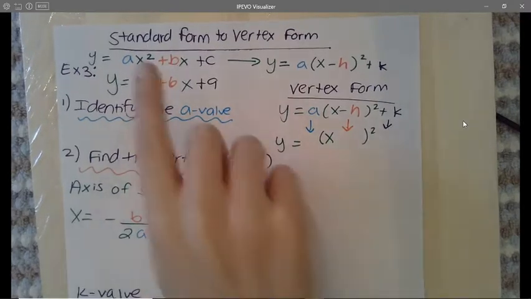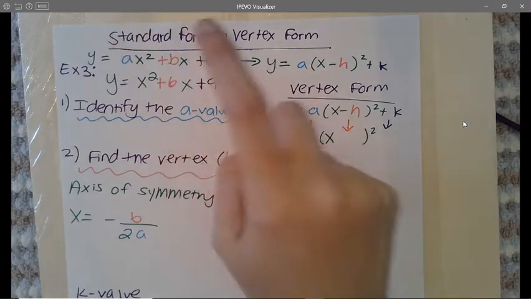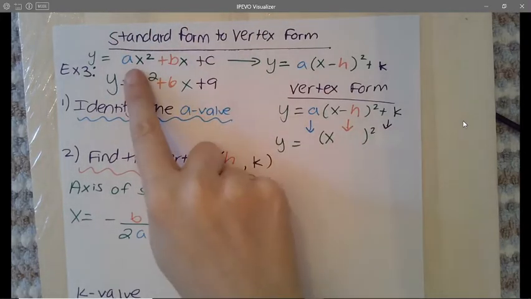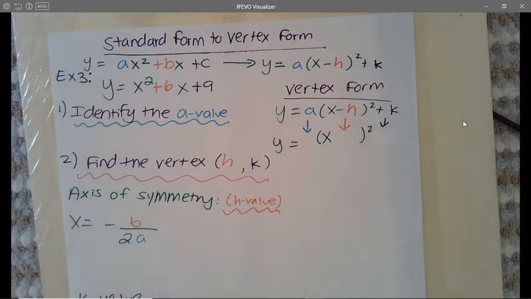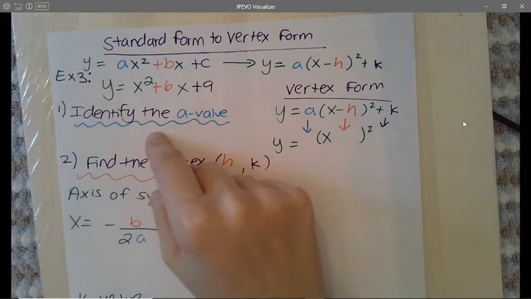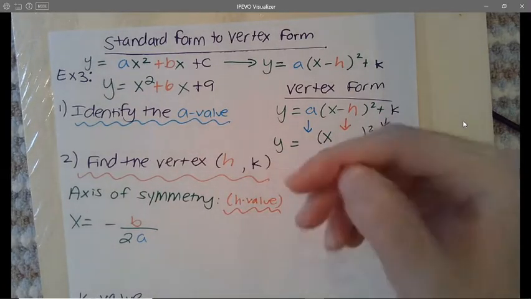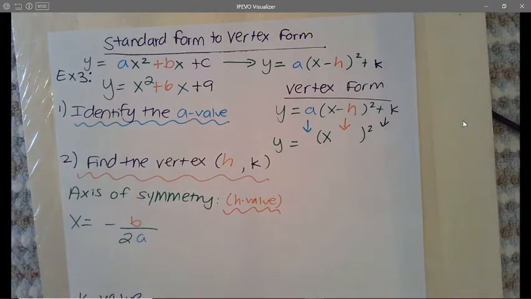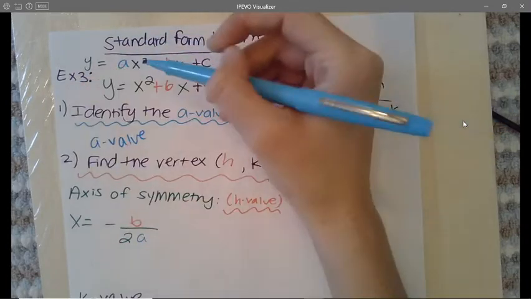So when we have standard form, which is y equals ax squared plus bx plus c, the a value in standard form is actually the same a value that you find in vertex form. So if I identify the a value in standard form, guess what? You have the a value in vertex form. Okay, so the a value is the number in front of the x squared.